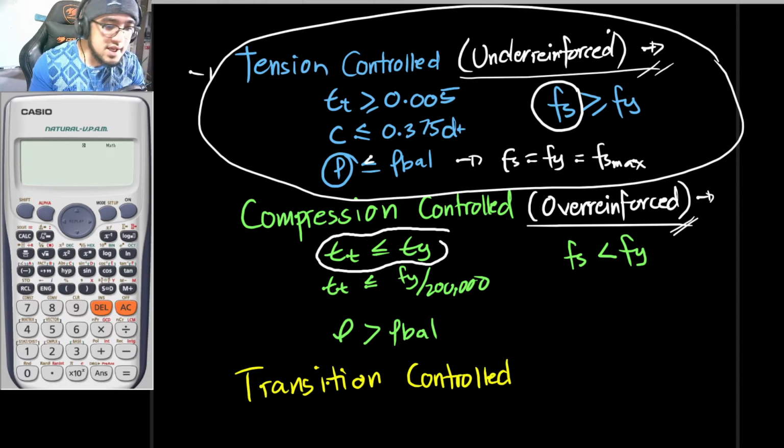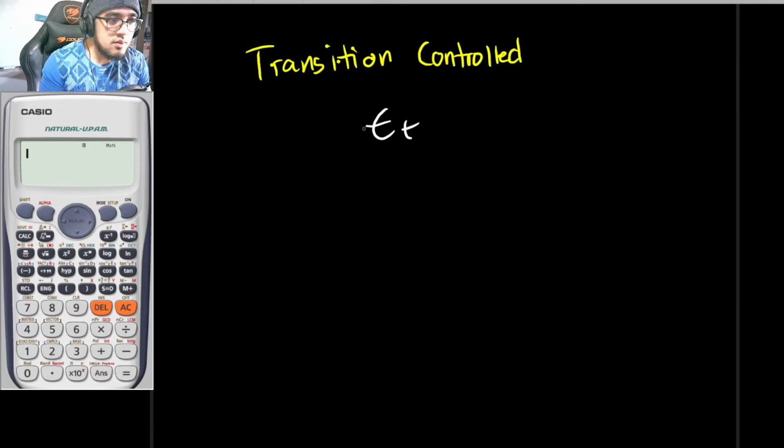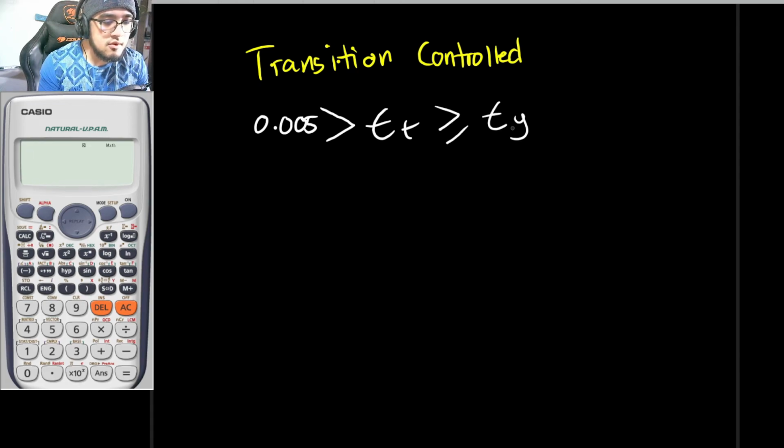What is in between them is basically your transition zone. Or in other words, your strain t should be less than 0.005 and greater than or equal to strain y.